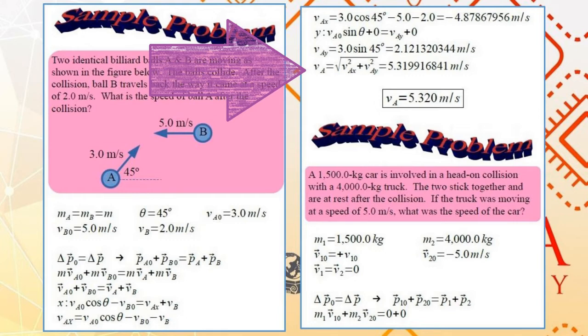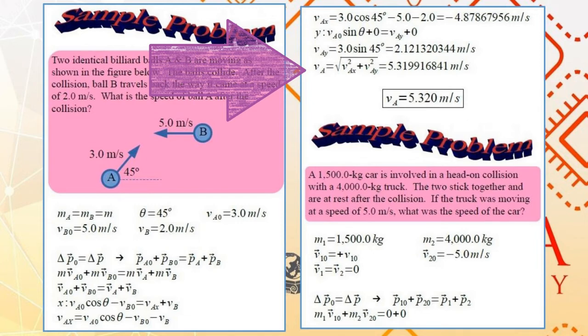The final velocity of B is also horizontal, so no y component. The only unknown is VAY. We are able to calculate the y component of VA. VAY is equal to 2.121320344 meters per second.